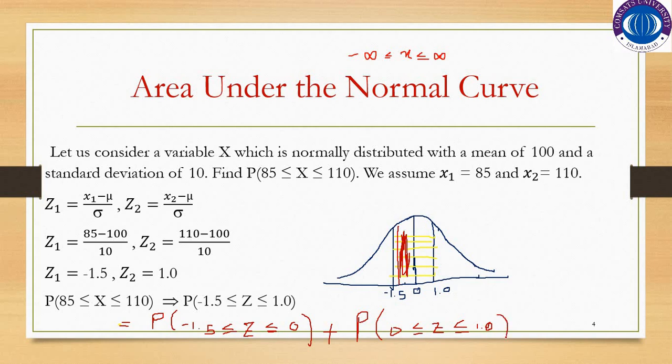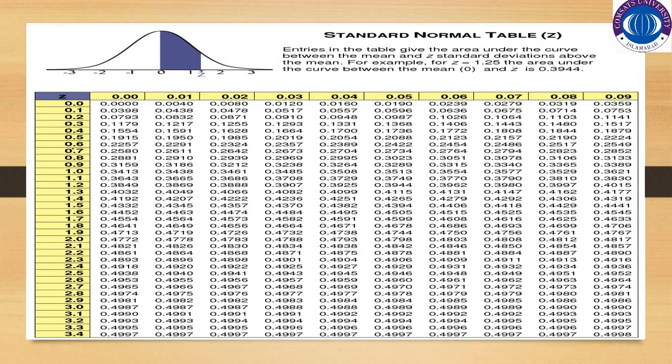So now you can use the table, minus 1.5 to 0, from mean to some specific point. But as you know, you only have the positive values for the random variable z. As the standard normal distribution as well as normal distributions are identical and symmetric, you can use 1.5 instead of minus 1.5.